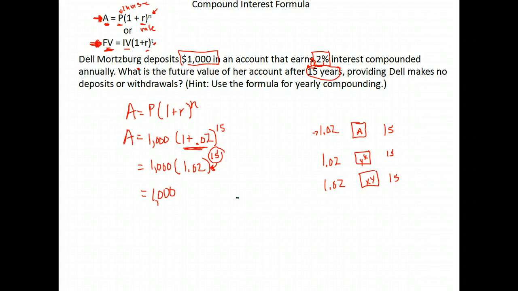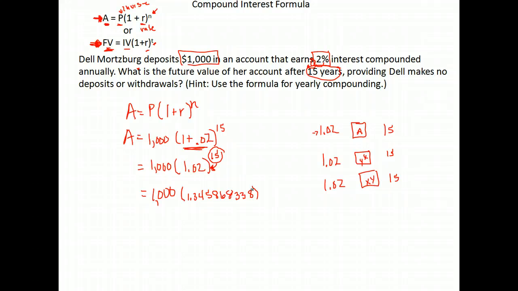Let's try that out. So take out a calculator, try it out. You will need a calculator that does exponents for this class, whether it's the one on your computer or another. And when we do that, 1.02 to the 15th power, again, that's not times 15, it's times itself 15 times. I get roughly this number.